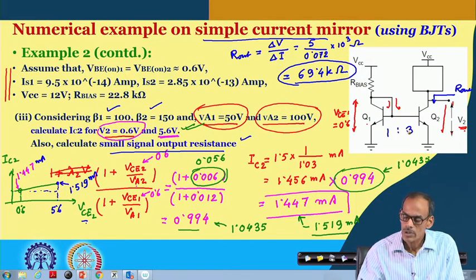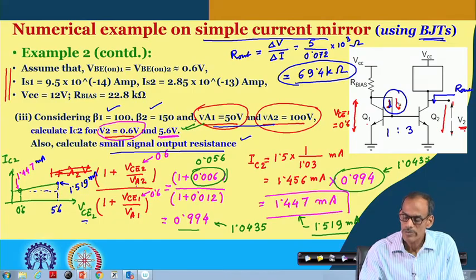So, for a current mirror constructed by BJTs, we have two types of improvement. One is to take care of the non-ideality due to the early voltage. Another is to take care of the non-ideality factor due to the base current loss.